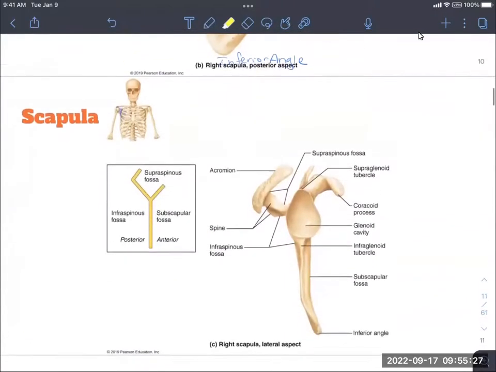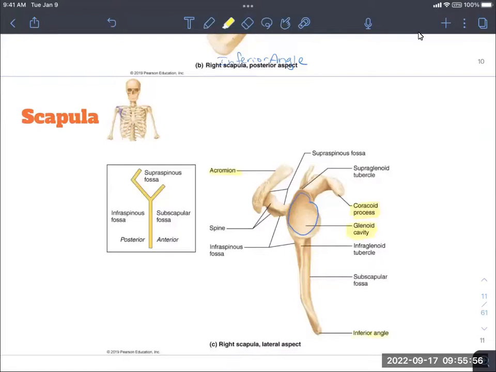Here's another angle. Now we're looking at it as if you're looking from the side, straight into somebody's shoulder. So again, that acromion, you can see that. You can see the coracoid process, that glenoid cavity. This is where the humerus, your arm bone, articulates with the shoulder.